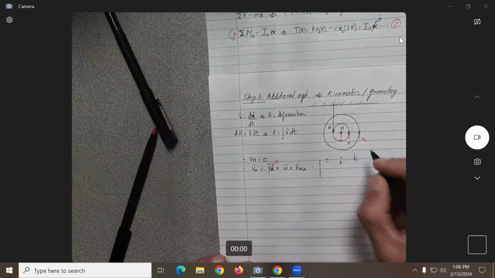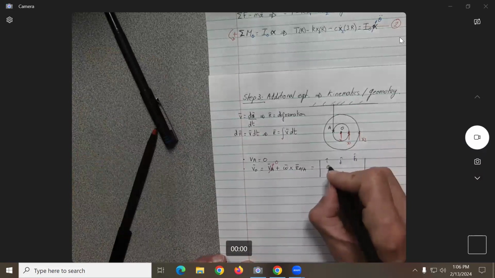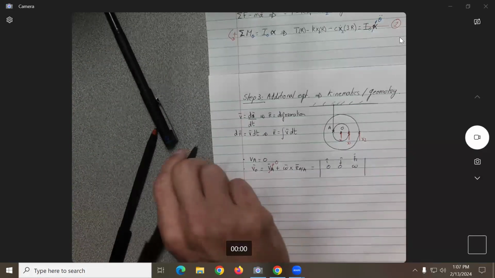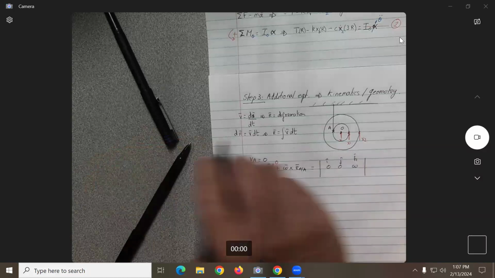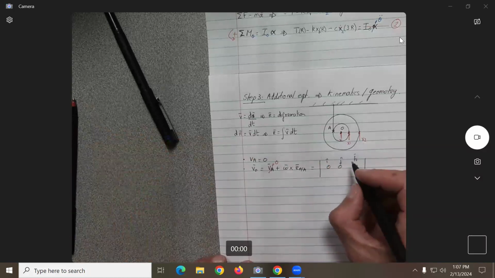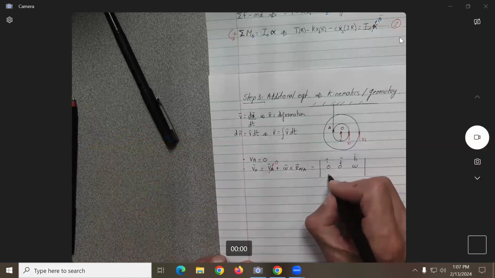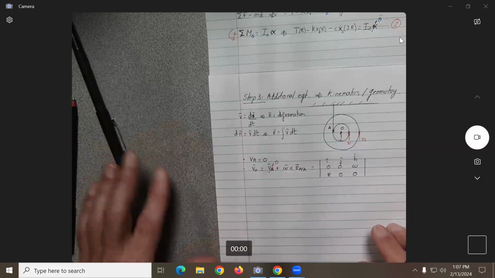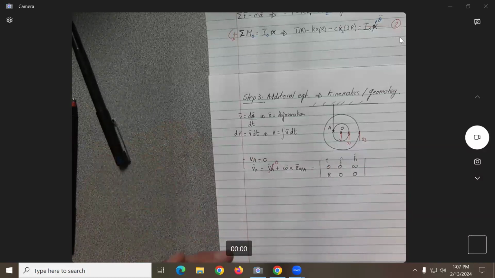Then this becomes the determinant with i, j, k, 0, 0, omega. What is the position of O with respect to A? R, 0, 0.